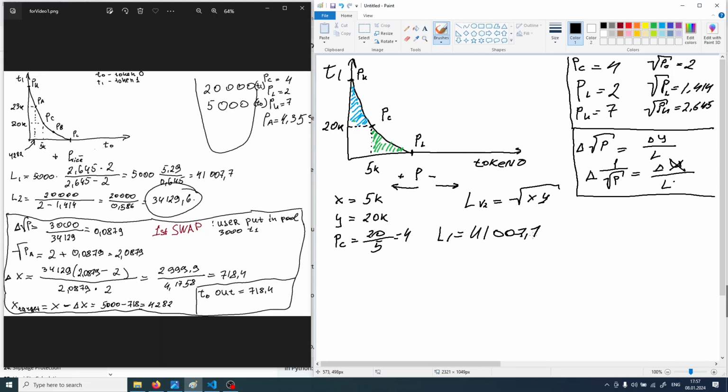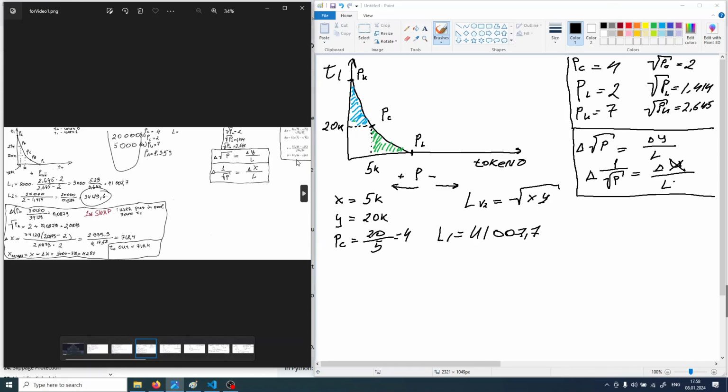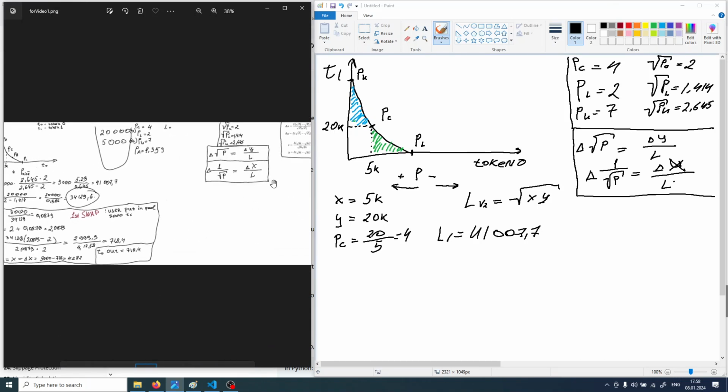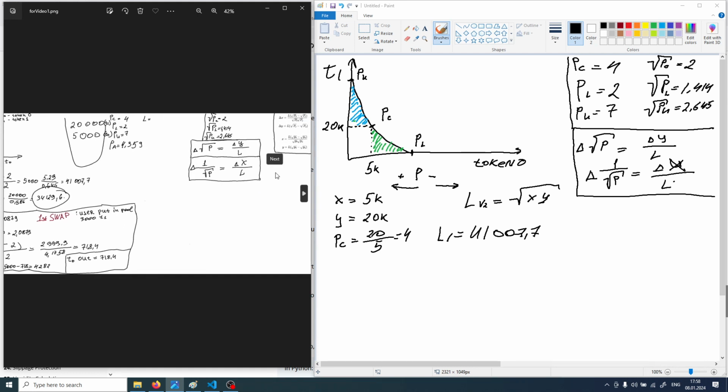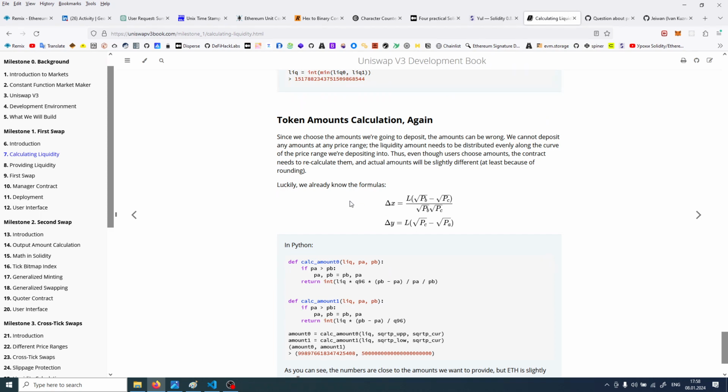You can see how I calculate this. So 5 is delta x in our case, and then 2.645, it will be price lower or upper, sorry, I must remember this.